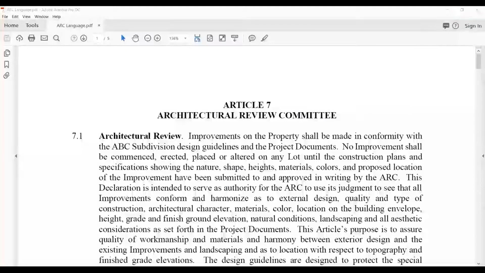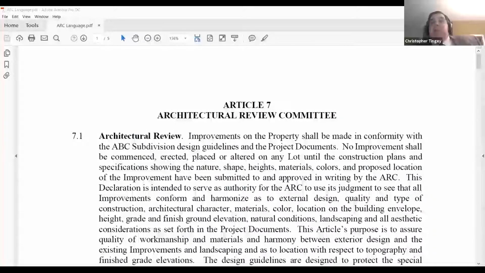Sure. Okay. So this is a detailed architectural review committee provision in a set of documents that I was looking at even just this morning. Now, I have removed all incriminating names of the association and the county that they're in.